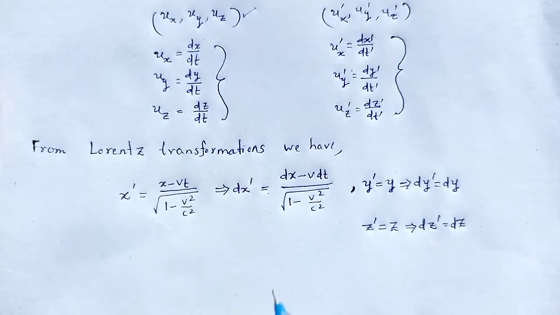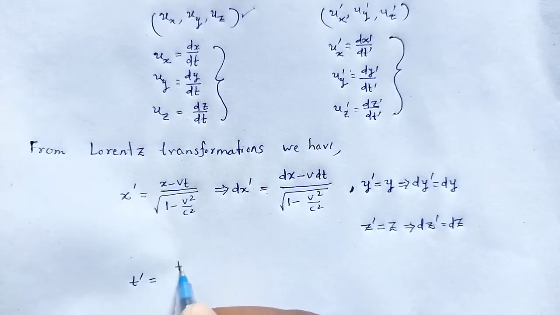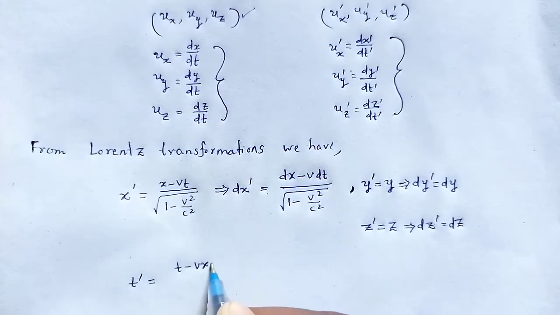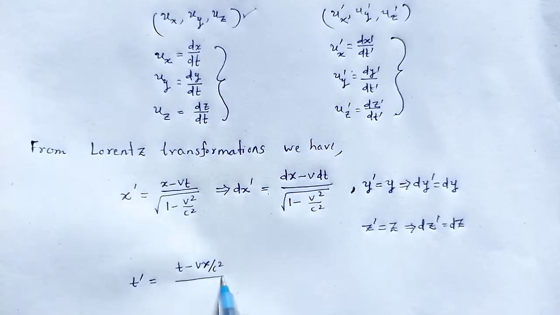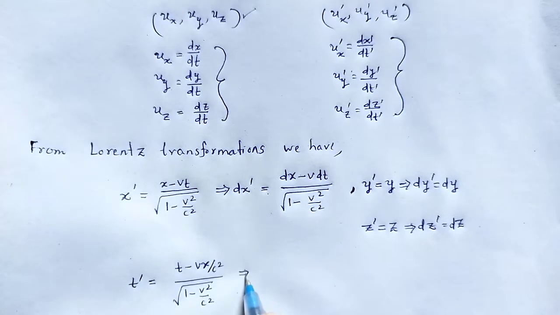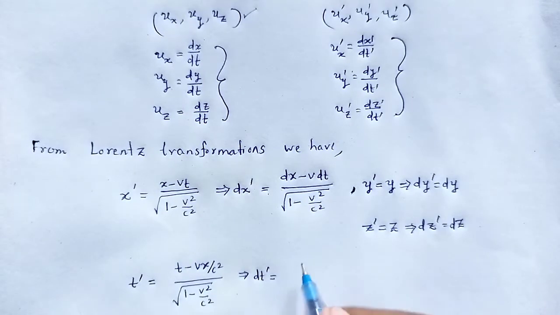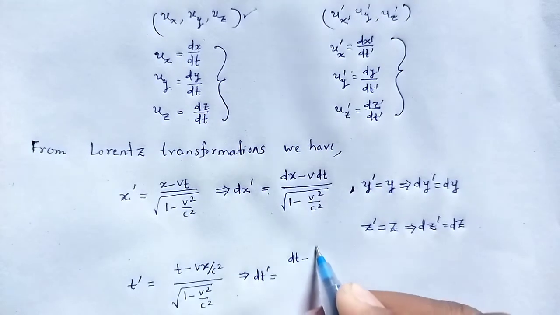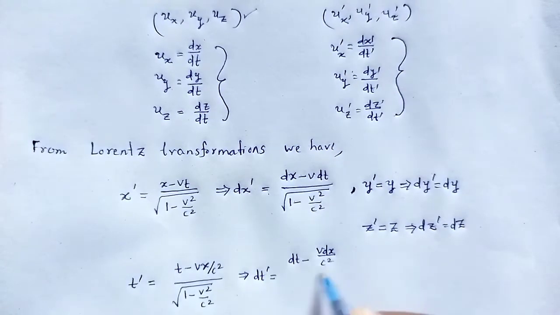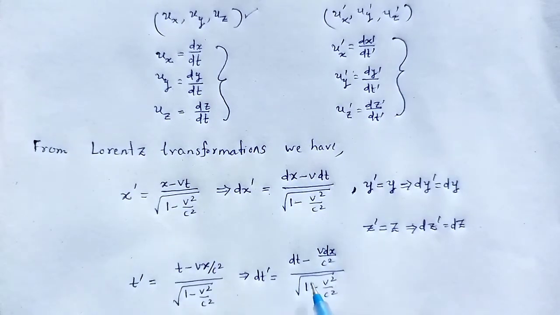And again the time, t dash is equal to t minus vx by c square, whole divided by the square root of 1 minus v square by c square, which implies, differentiating, dt dash is equal to dt minus v dx by c square, divided by the square root of 1 minus v square by c square.